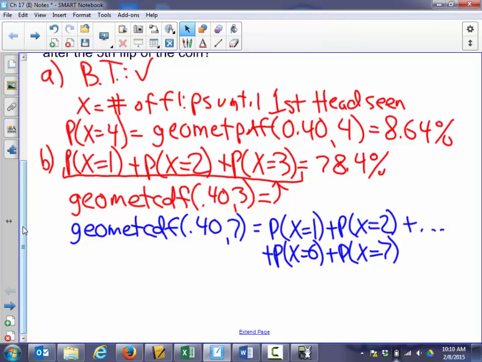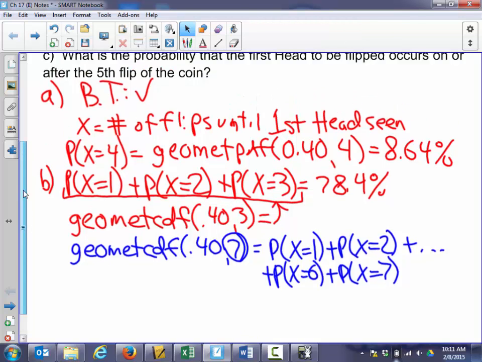Okay? So geometCDF finds the probability of success for that xth number of trials or fewer.